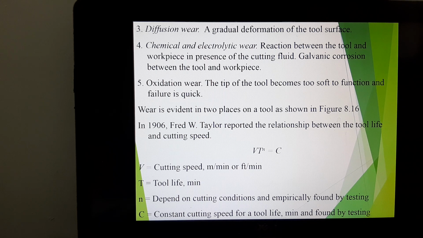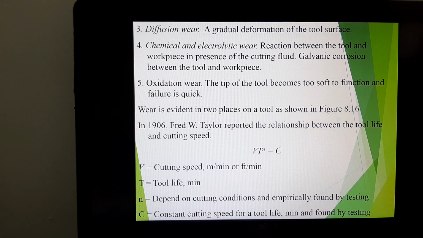Number 3, diffusion wear. Number 4, chemical and electrolytic wear. Number 5, oxidation wear. All these 5 wears are always present. It's just that abrasion wear is very commonly spoken about, so we always think that the moment a tool fails, it's abrasion wear. No, there are 5 different kinds of tool wear that occur, and these are the 5.